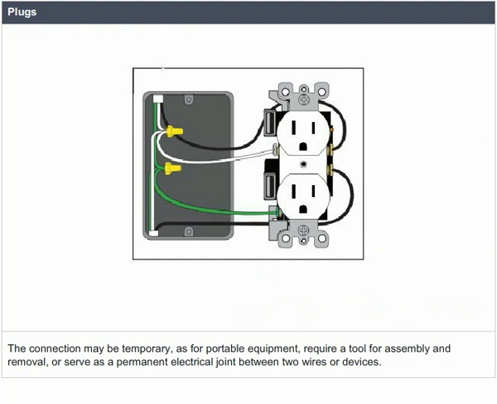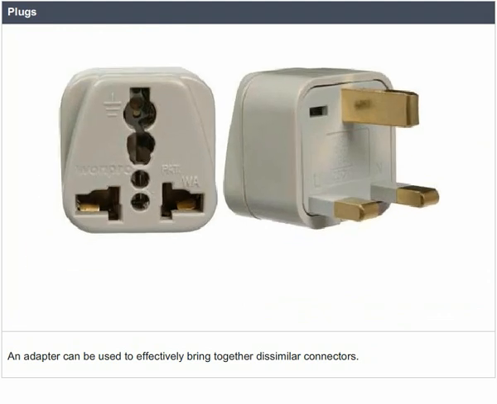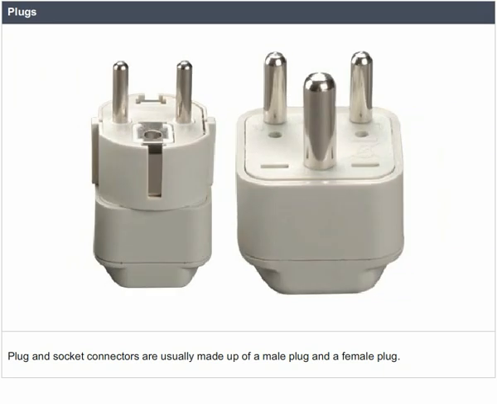An adapter can be used to effectively bring together dissimilar connectors. Plug and socket connectors are usually made up of a male plug and a female socket. Plugs generally have one or more pins or prongs that are inserted into openings in the mating socket.